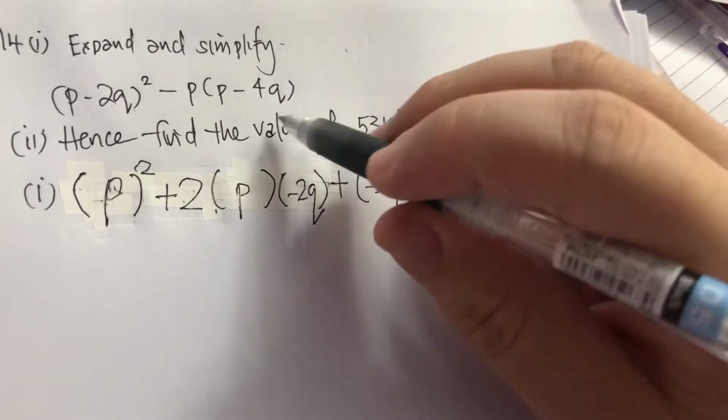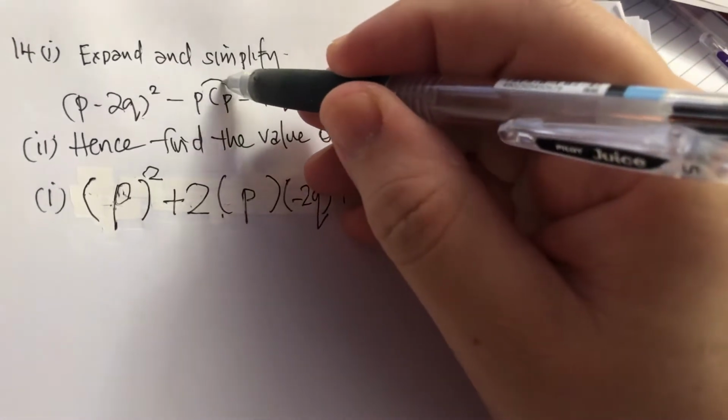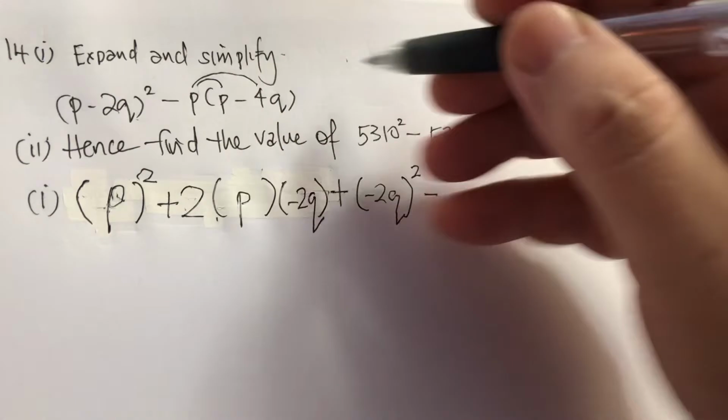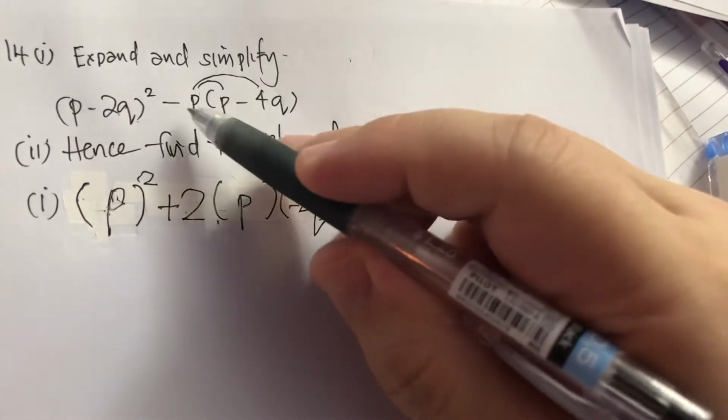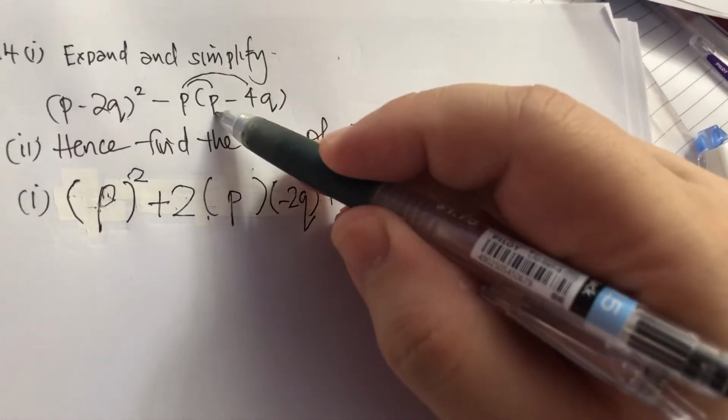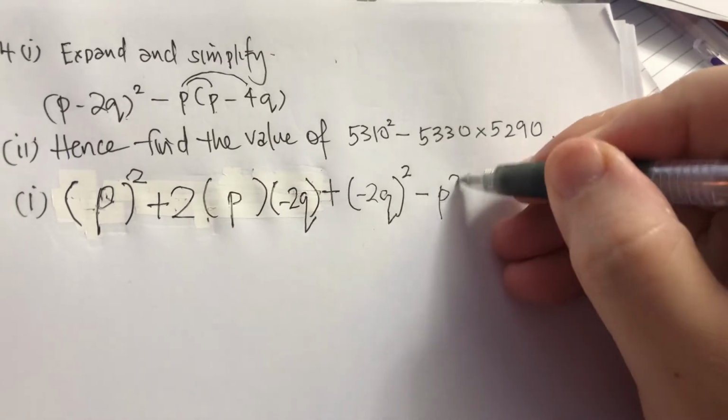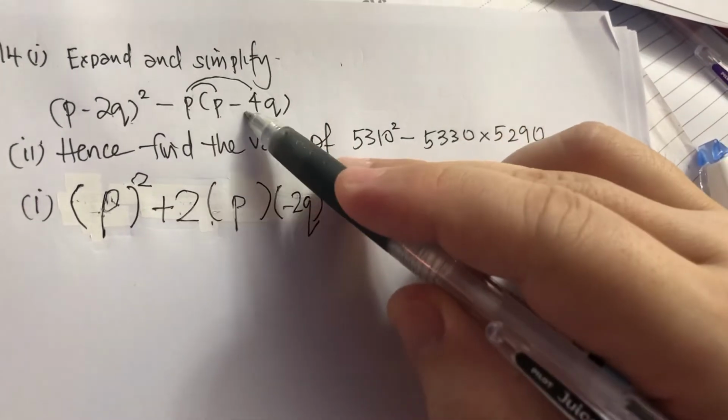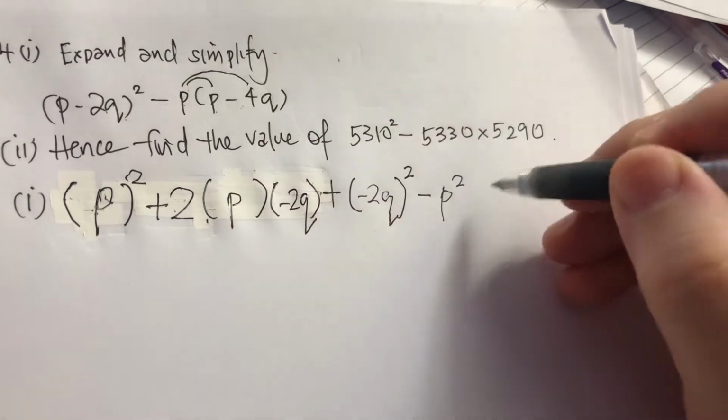Now, second part is pretty easy. I simply use the rainbow method. Be very careful of the sign, okay? Minus P multiplied by this, you will get minus P square. And remember, minus P times minus 4PQ, minus become plus.